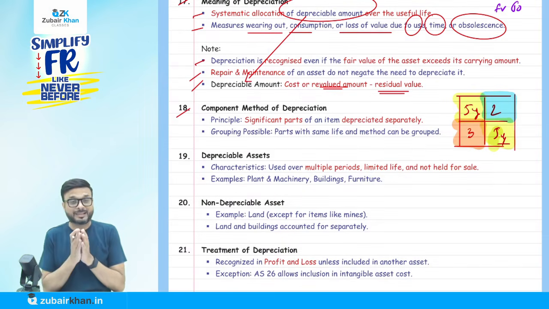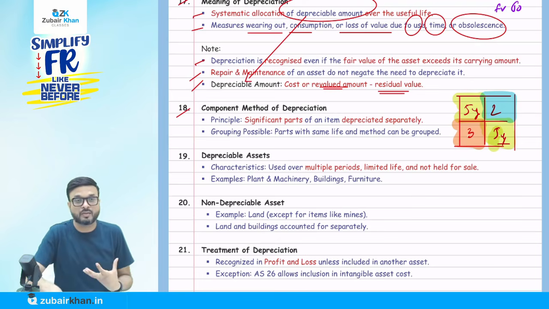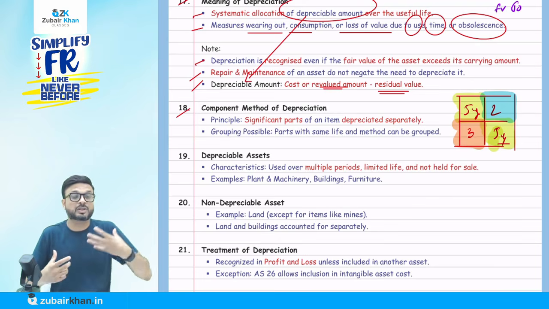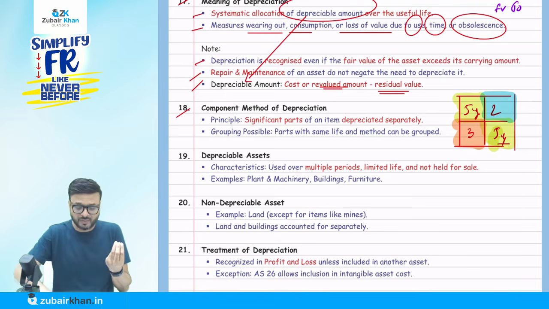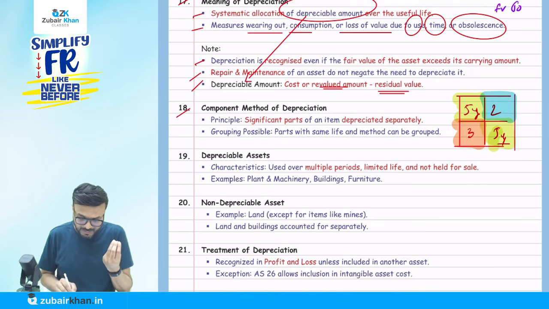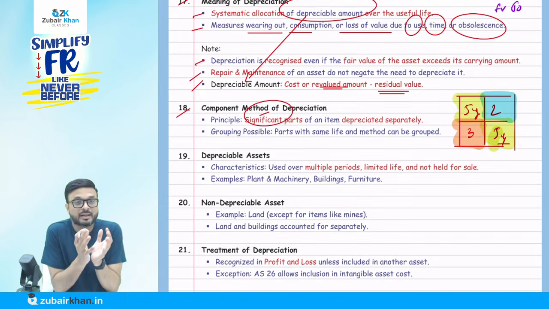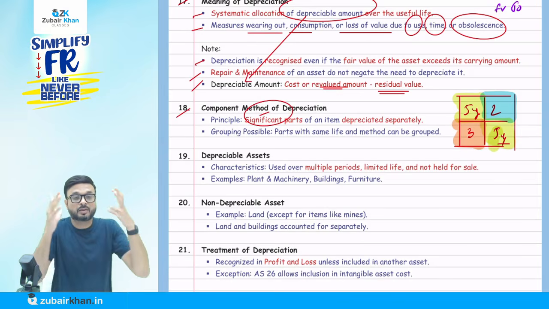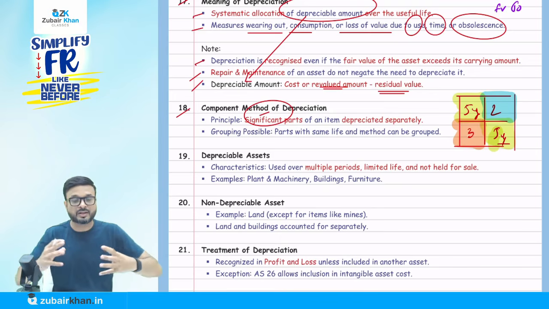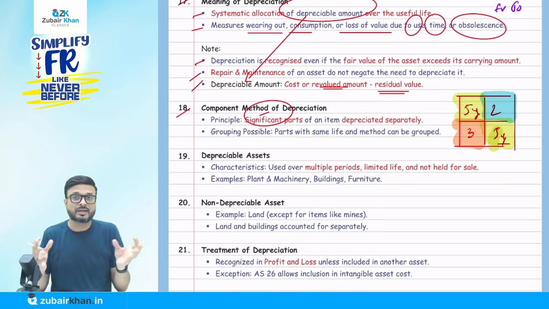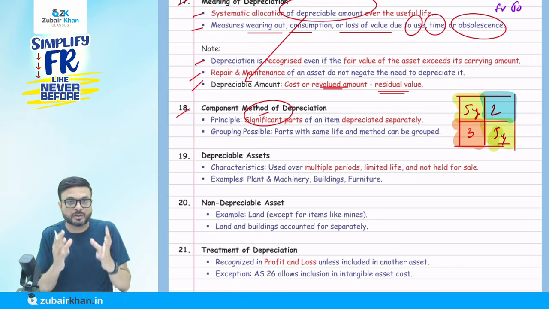When you purchase an asset like an aircraft, we have to take a proper bifurcation from the supplier of how much is the life of each particular part. This applies to a significant part, not every small part. Significant is not defined, but generally it means that the part represents 10% or more of the cost of the total asset. If different parts of the asset have different lives, we have to depreciate the different parts separately on the basis of the life of that particular part.